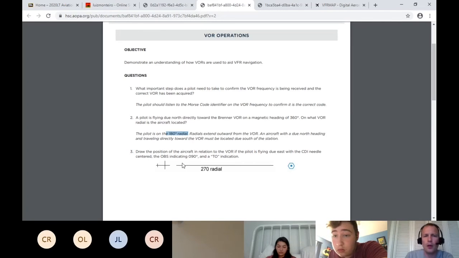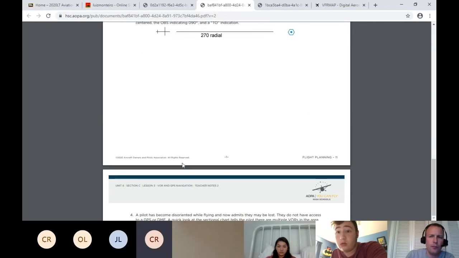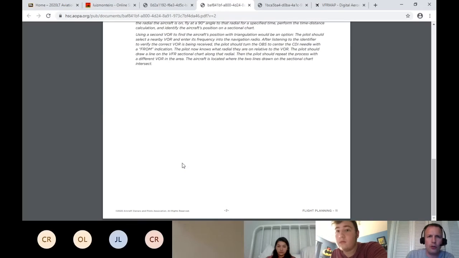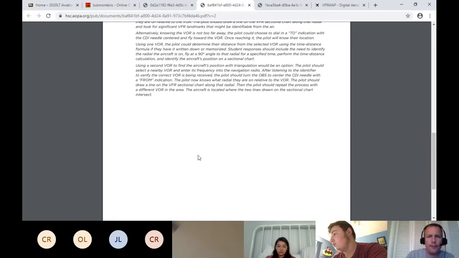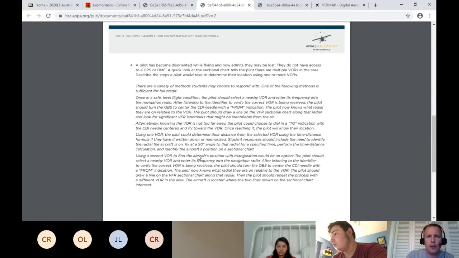So laying down that foundation, we can finish up the last question on Wednesday's assignment. And this is a long text here, but it says, you become disoriented and you don't have access to GPS or DME. You can only use your VORs in the area to determine your location.